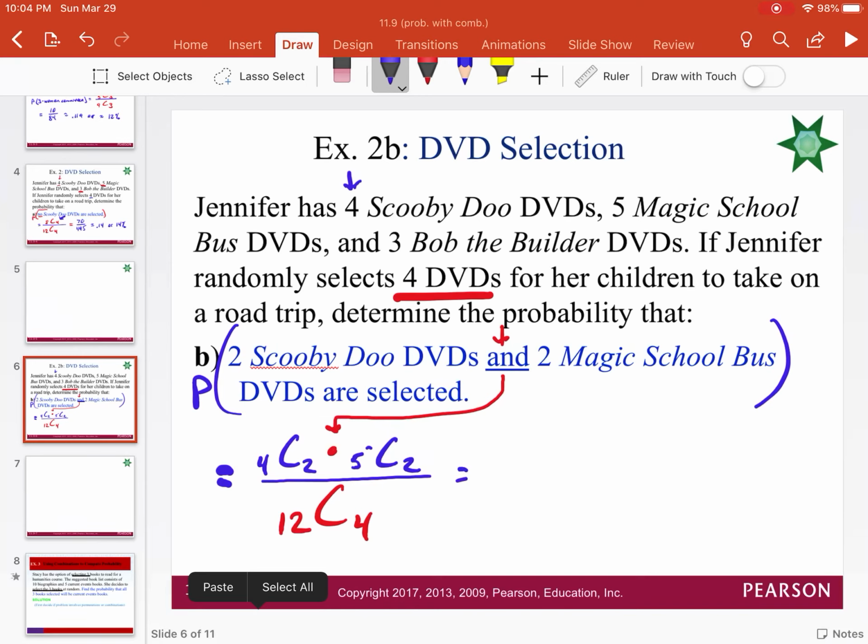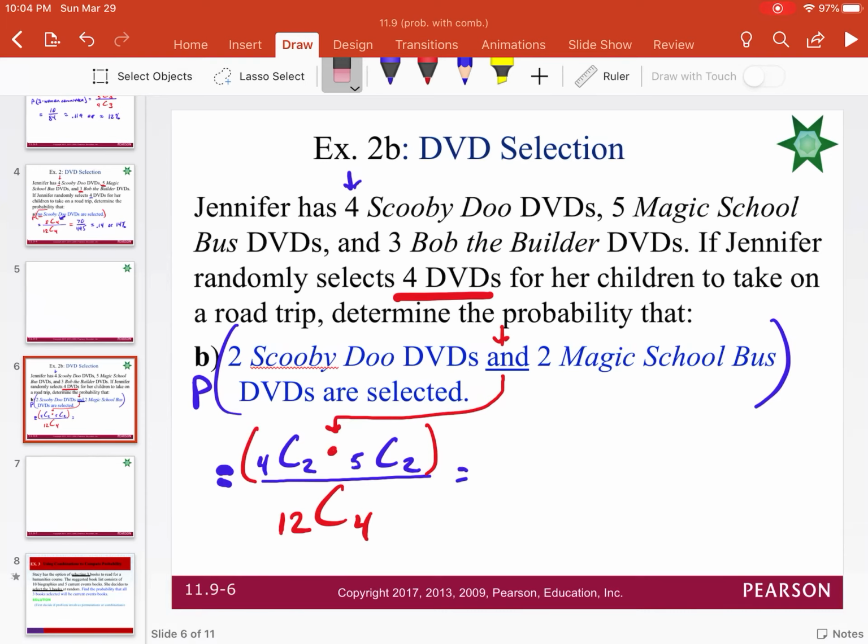Okay. Now, I would say be careful on this. You might want to put this in parentheses, just to make sure your calculator does not throw you off. All right? So why don't you go ahead and calculate that? I assume maybe you already did. I don't know. Let's see.